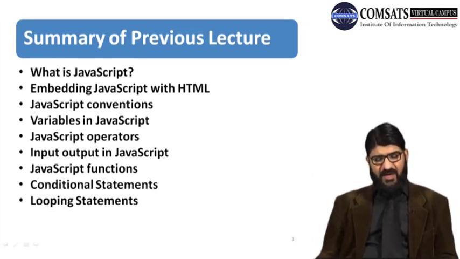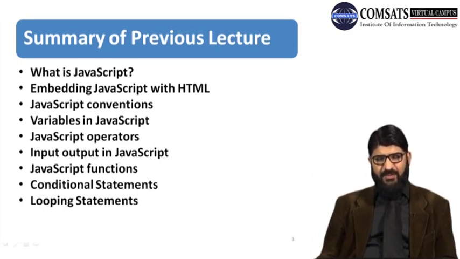Moving onward, we have reviewed the input and output methods in JavaScript, where we have noticed that for input the most important method is the prompt method and the most common method for output is the document.write method. Then we have discussed different JavaScript functions which calculate square root, which calculate average, which print the values on the web page, which take the values from the user, and similarly some others.